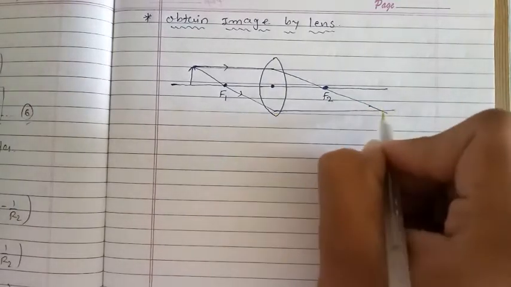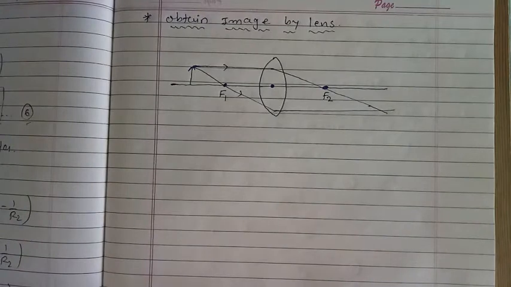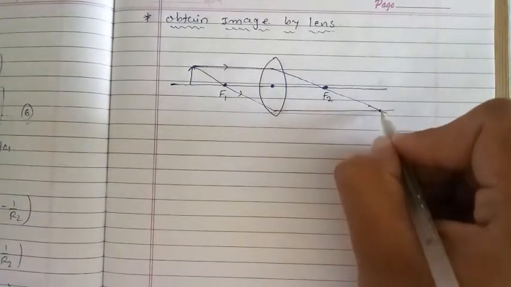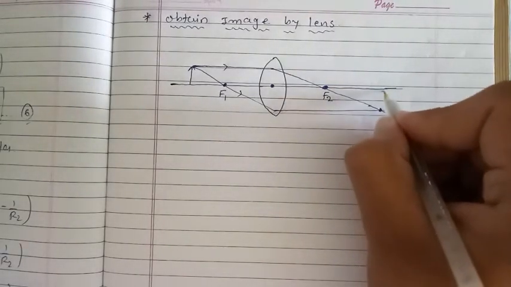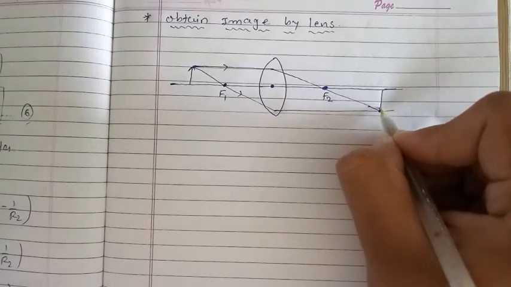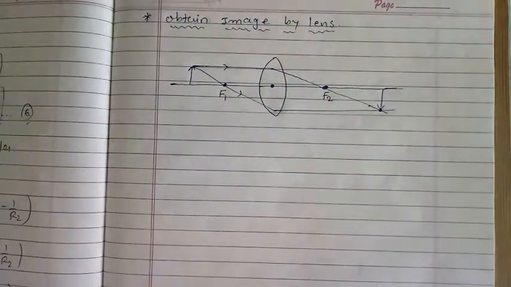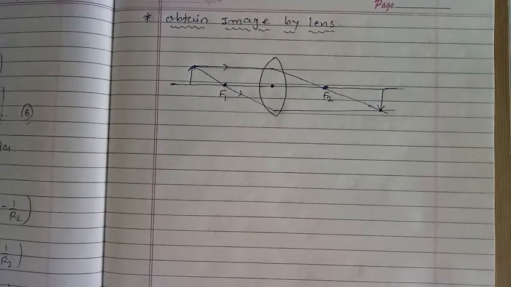Like this. You already know that. Now here these two rays meet at this point. So here we get an image of the object like this, right?